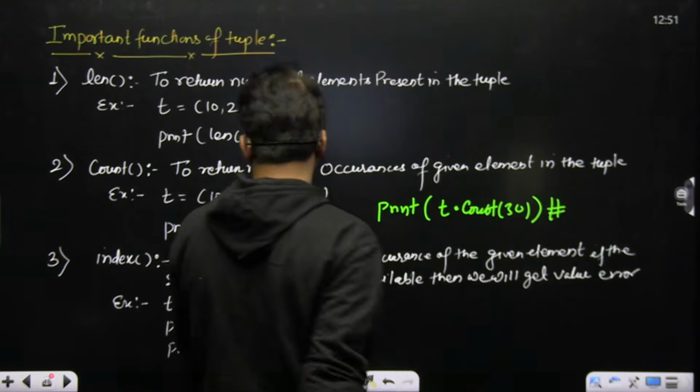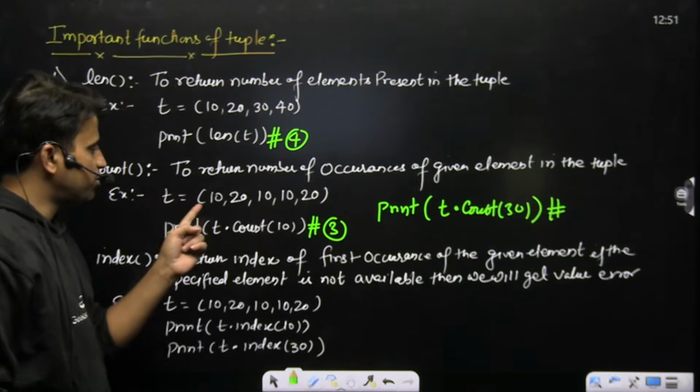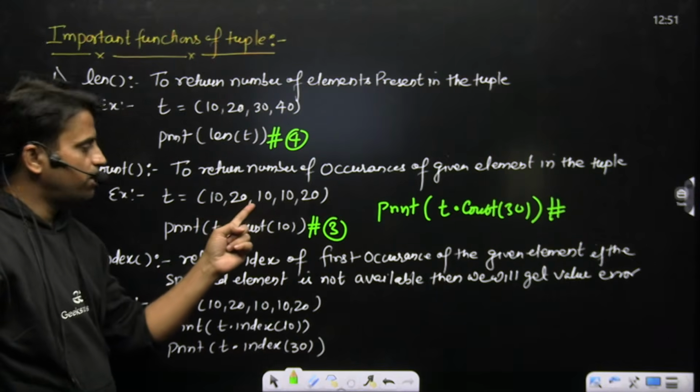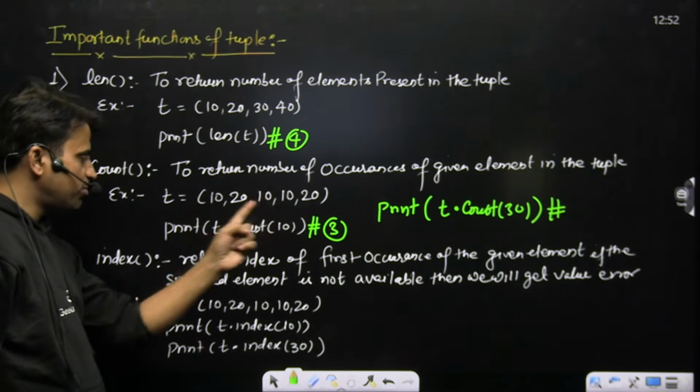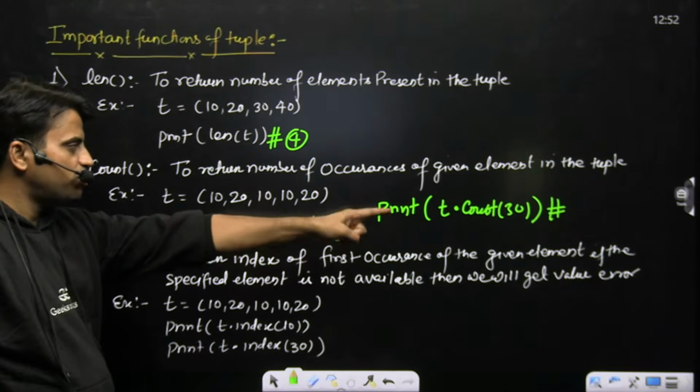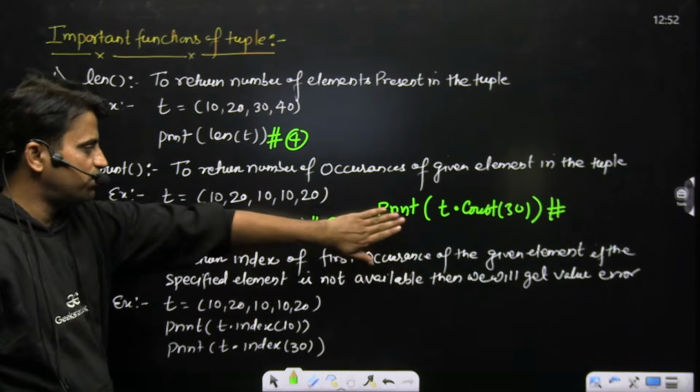In this example, t equals 10, 20, 10, 20, 10, 10, 20. So t dot count 10 counts the frequency of 10, which is 3 times. But if t dot count 30, what is the output of this one, student?